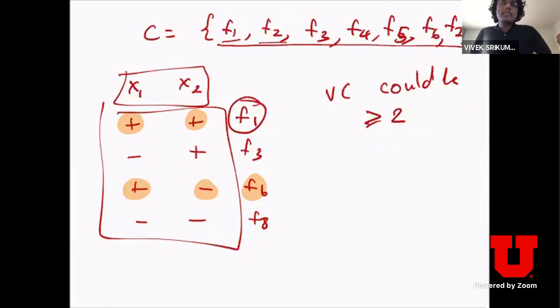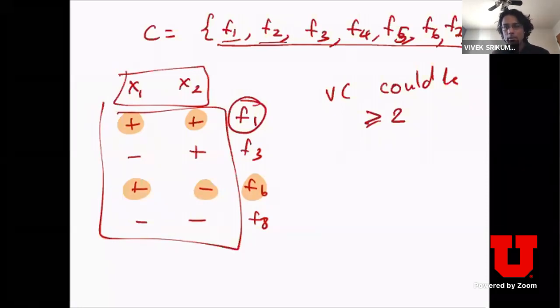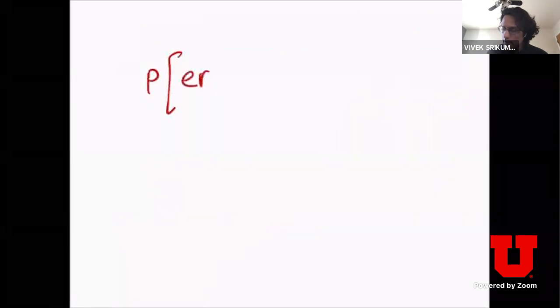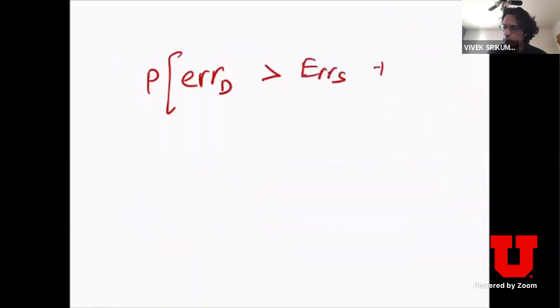When we talk about Hoeffding's inequality, that's exactly what we're doing; in fact, slide 27 also talks about that. The error D is greater than error S plus epsilon. So we are always asking what's the probability that error D is greater than error S plus epsilon. And that's exactly what it is.